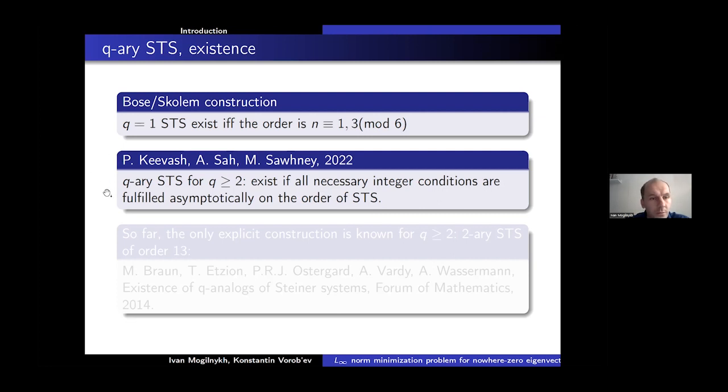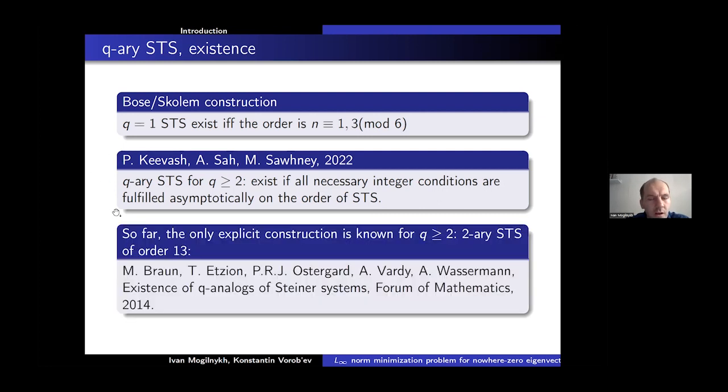The proof is probabilistic, and so far we have only one kind of explicit construction for generalization of Steiner triple systems: a 2-ary Steiner triple system of order 13 constructed by several authors in 2014.